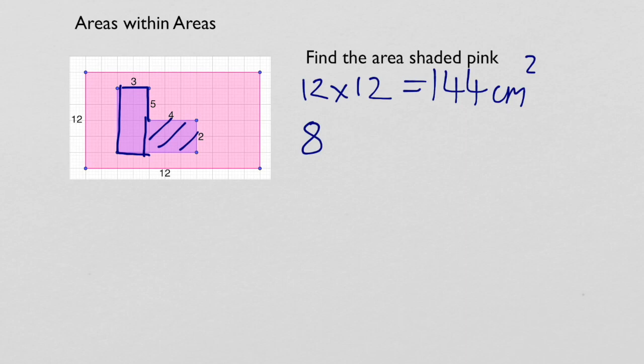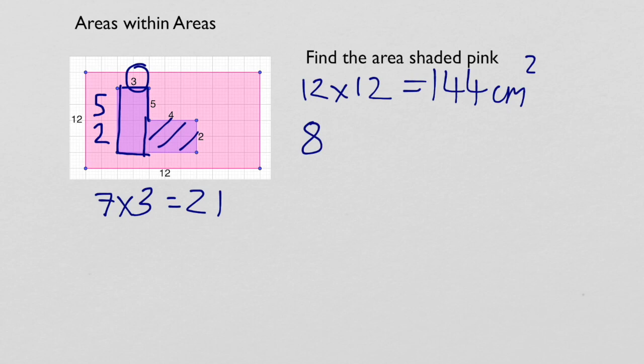So opposite this 5 here, this will also be 5 centimeters. And opposite this 2 on this side, this will also be 2. So you can just add those two numbers together to get the whole length. So that's 7 times the top number there, 3, equals 21. So that's 21 centimeters squared.